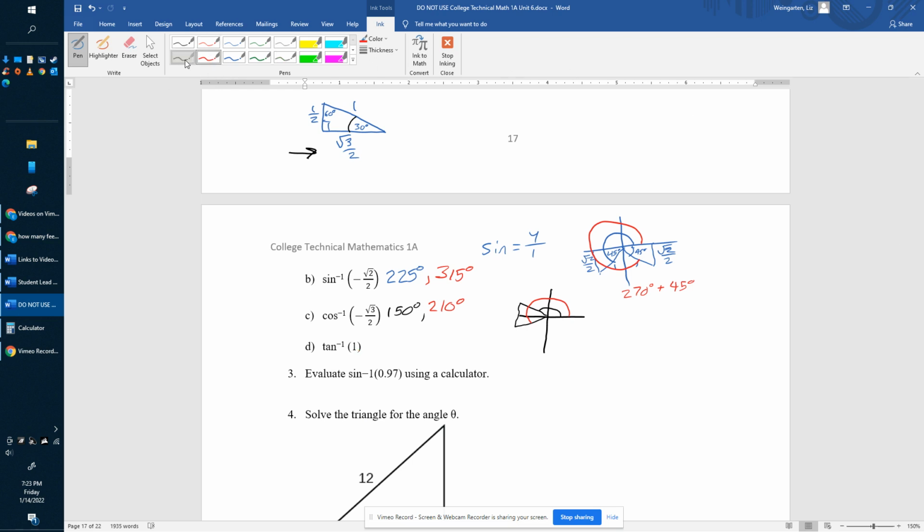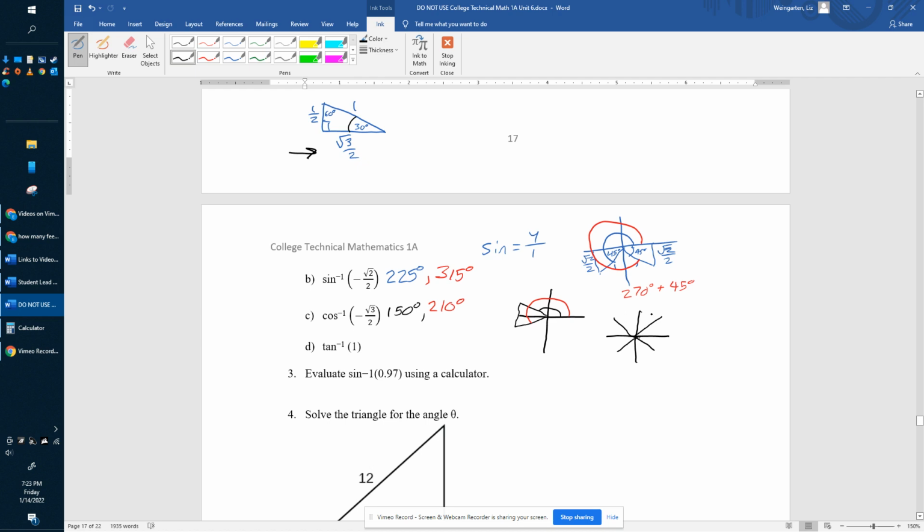Inverse tangent of 1. What gives us a tangent of 1? That is when we have our y equal to our x. Our y is going to be equal to our x here, here, here, and here. These are all 45 degrees away from each other.